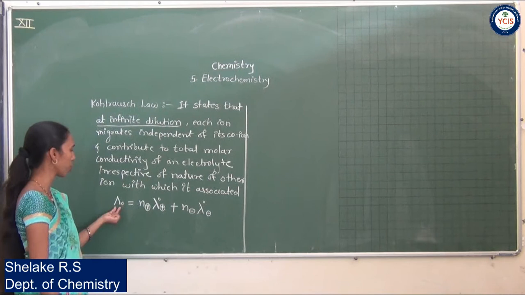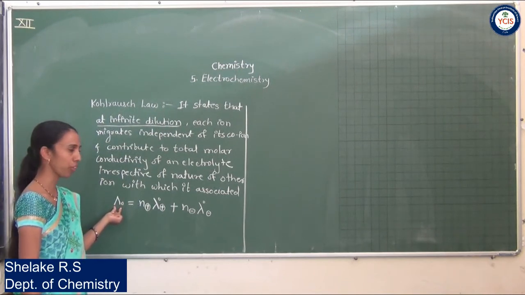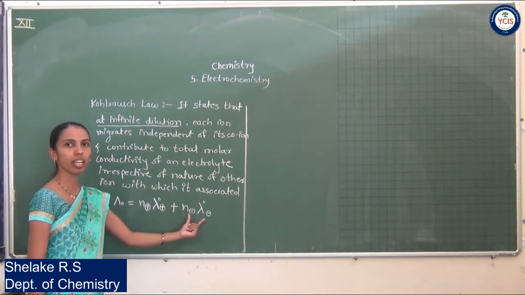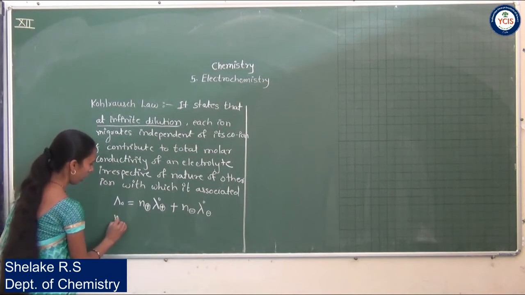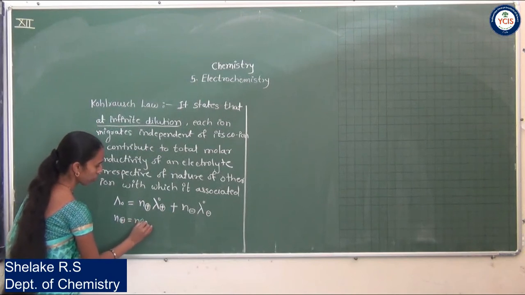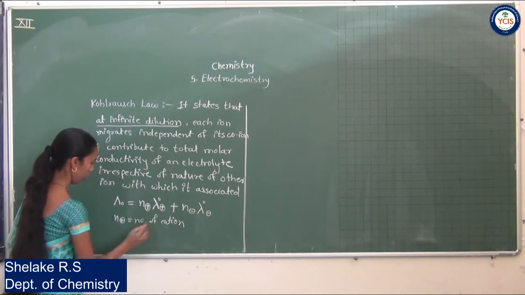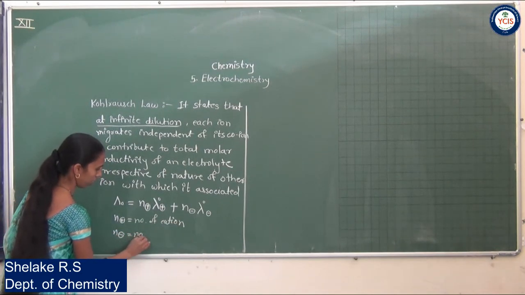That word is very important. At infinite dilution, lambda 0, the total molar conductivity of an electrolyte, depends on the molar conductivity of the cation and the molar conductivity of the anion. So here n plus is the number of cations and n minus is the number of anions.